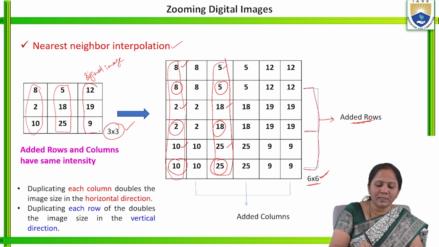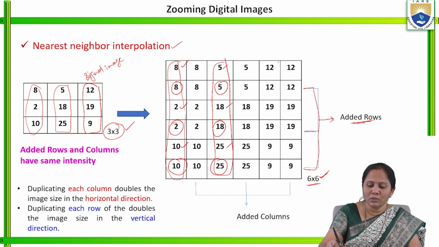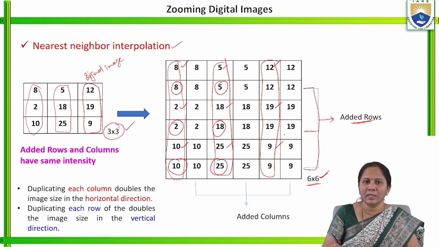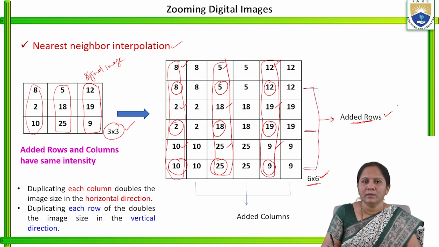And next one is here 12, 19 and 9. Considering this, we can see 12, 19 and 9 are the original intensity values in the image, and this 12, 19 and 9 are the added intensity values.